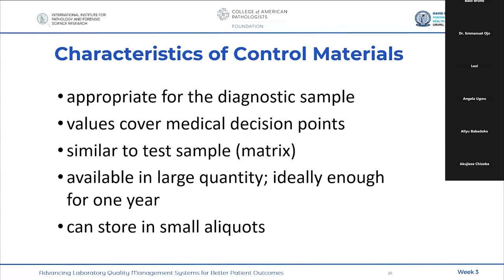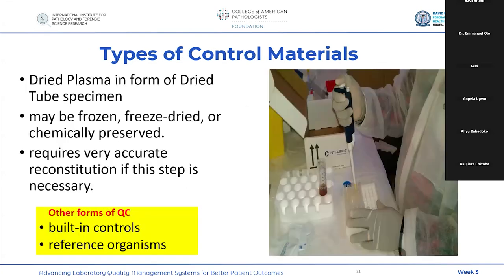Talking about characteristics, which is similar to what we've seen in the requirements of the ISO standard, it should be appropriate for the diagnostic sample. The values should cover medical decision points. It should have a similar or the same matrix as the patient sample, and it should be available in large quantity.